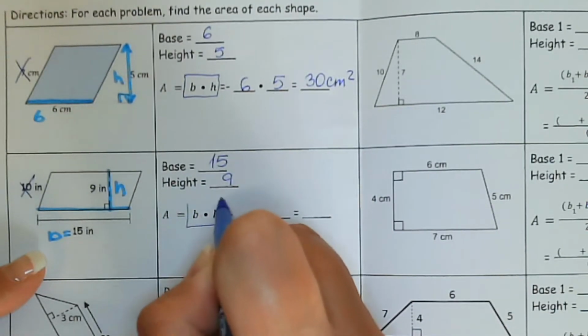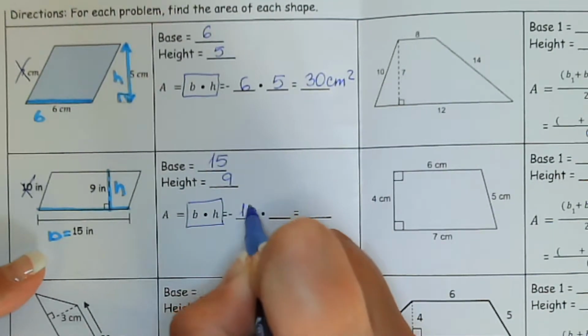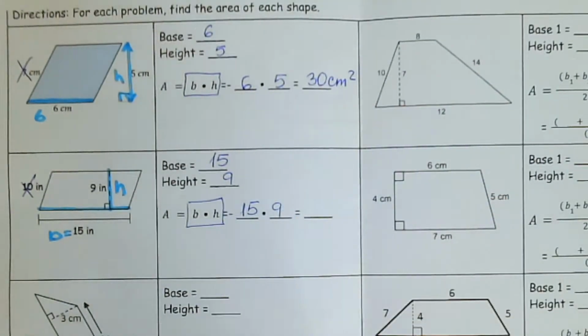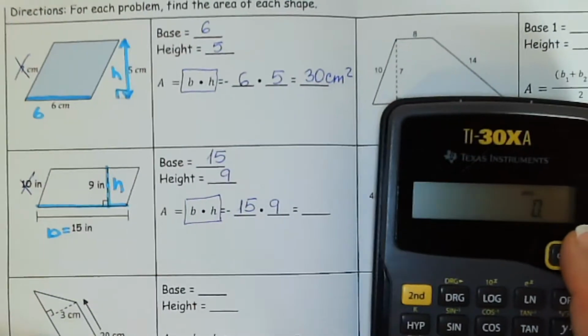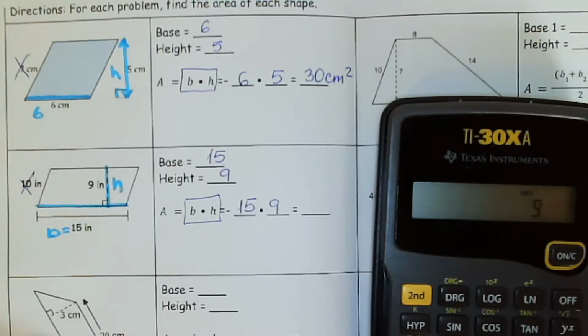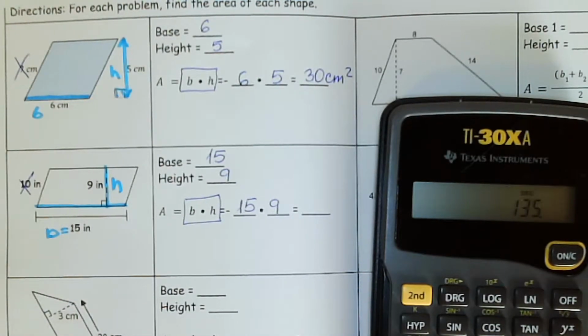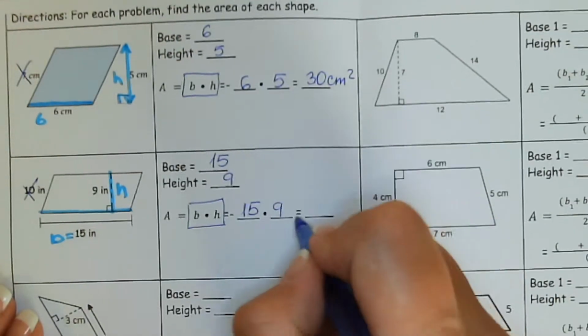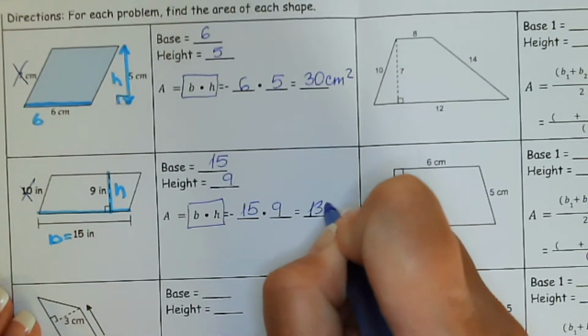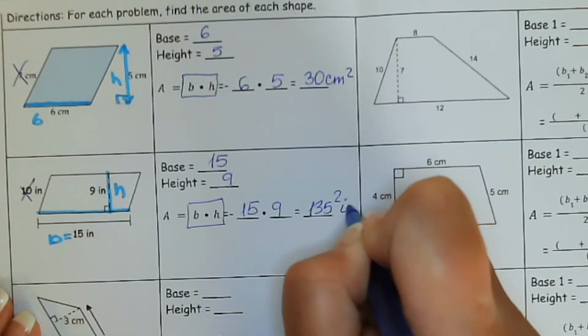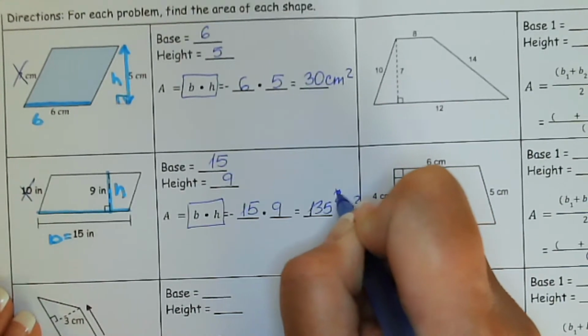The area is base times height, 15 times 9. And then we multiply, 135 inches squared.